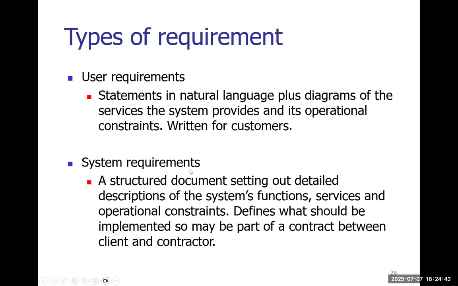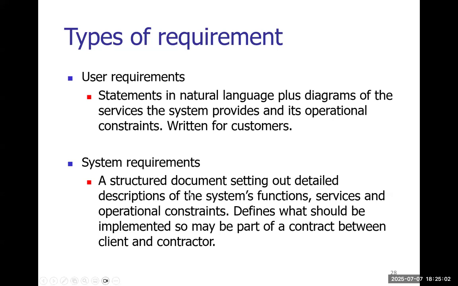The system requirement is developed from the user requirement. It is a refinement of the user requirement, a structured document setting out a detailed description of system functions, services, and operational constraints, including functional and non-functional requirements.